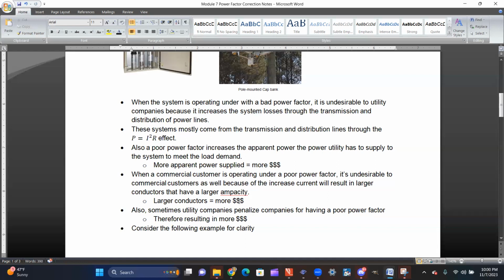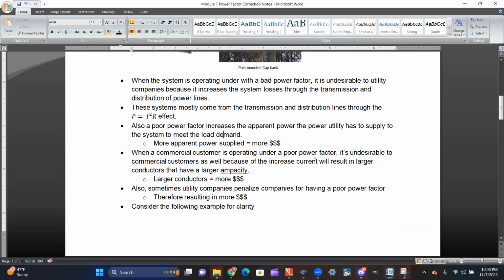When a commercial customer is operating under a poor power factor, it's undesirable to the commercial customer as well, because the increase in current will result in larger conductors that have a larger ampacity. Just like I said before, when you have a poor power factor, more current has to flow through your conductor.